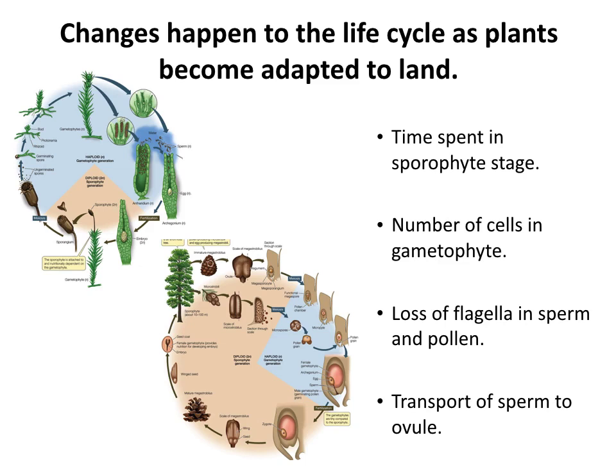But remember, one of the things that changes as we get better adapted to land is the length of time that plants stay in that gametophyte stage or in the sporophyte stage. So you can see just based on the color brown that the time spent in the sporophyte stage increases in gymnosperms, and it's even more dominant in angiosperms.